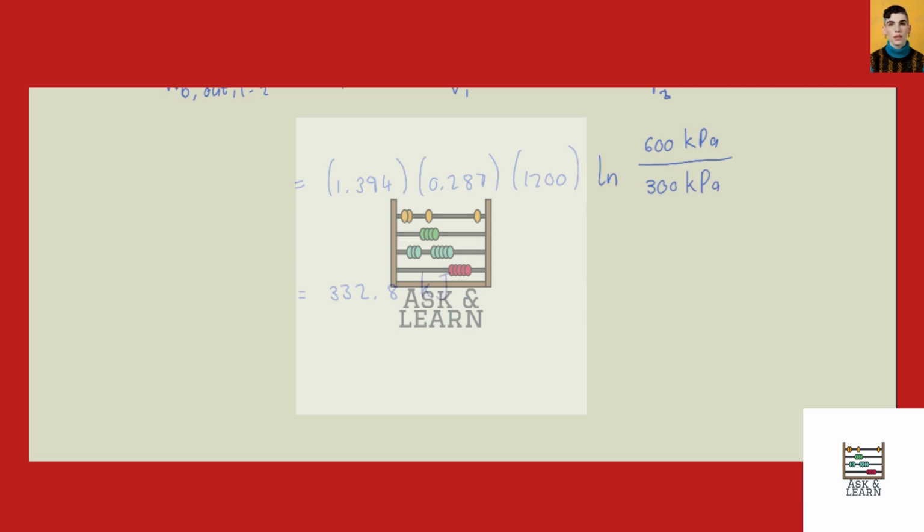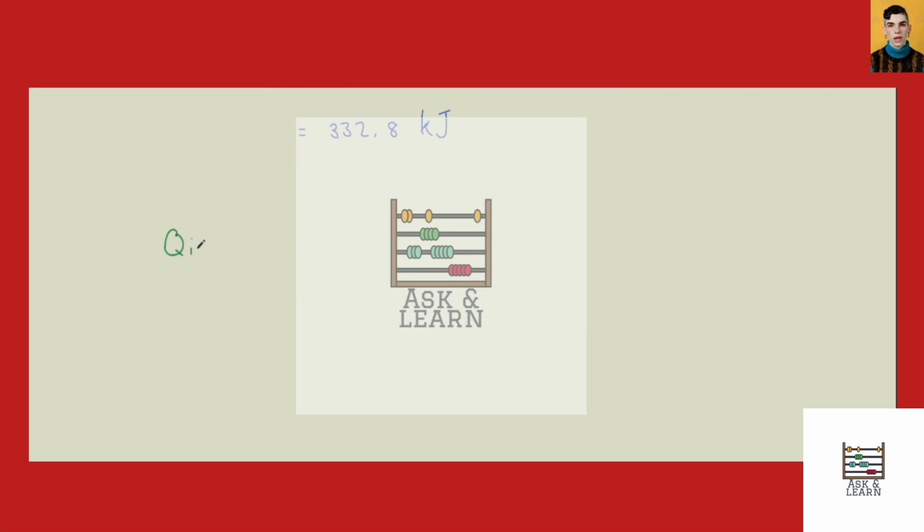So now we have the boundary work for the system, and we can substitute the mass and the boundary work into the energy balance equation to find the heat transfer. So the heat into the system is equal to the boundary work in process 1-2 plus mCV times the change in temperature, the final state T3 minus the initial state T1.